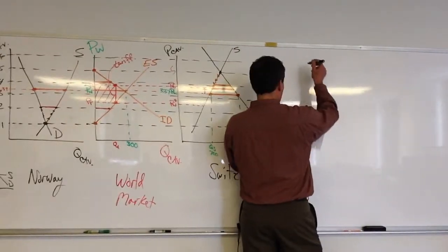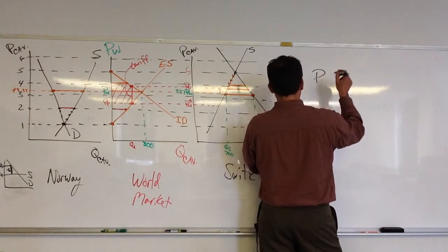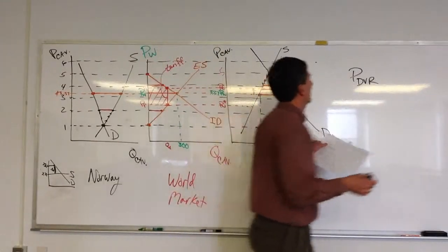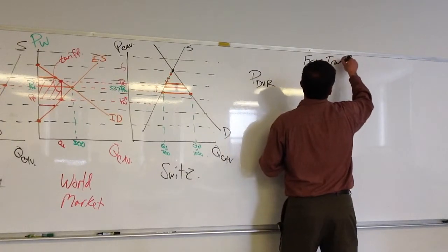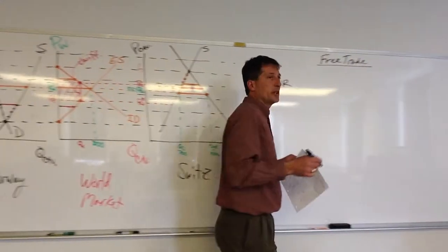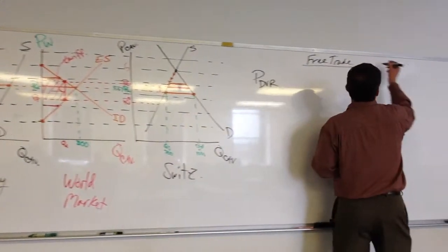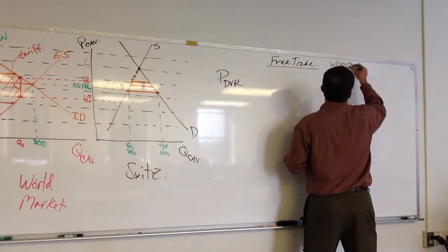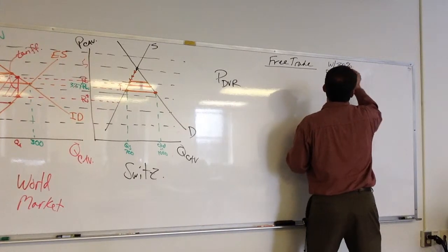So I want to do a little example here of a DVR, a digital video recorder. And I'm going to create 3 columns. The first column being what's going on with free trade. The next column having a 30% tariff on the final good, the DVR.